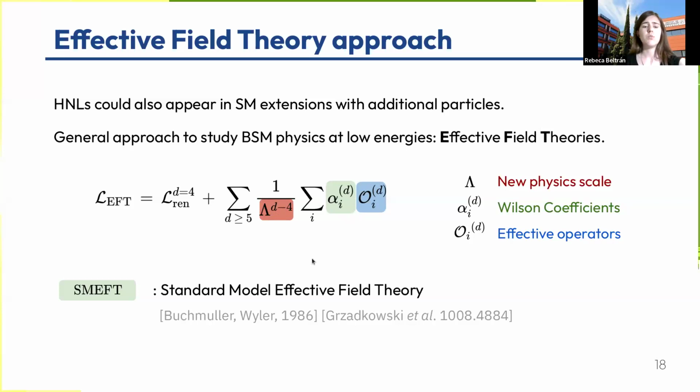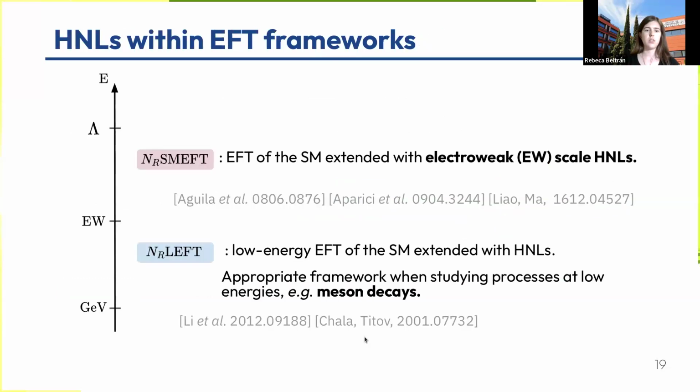The framework in which one constructs all possible operators with standard model particles is known as the standard model effective field theory, SMEFT, which has been studied quite thoroughly in the literature. But today we are interested in this other framework, NR SMEFT, which is the standard model effective field theory extended with right-handed neutrinos, somewhere around the electroweak scale.